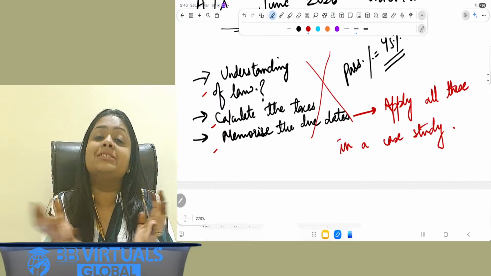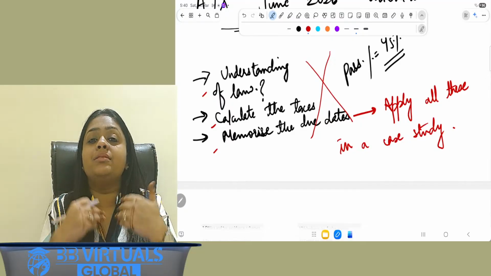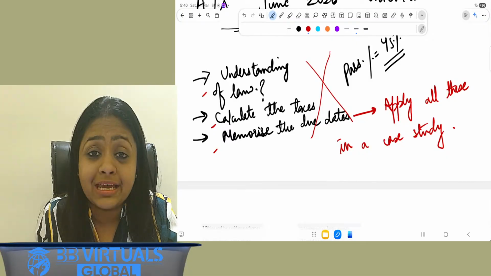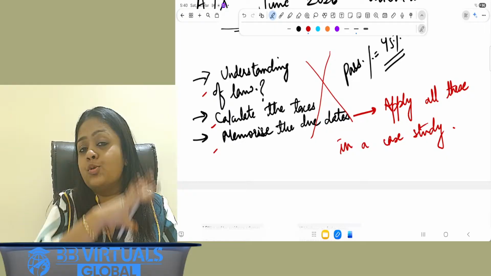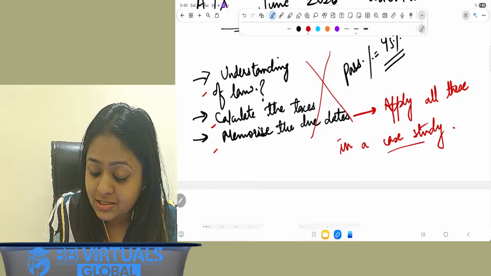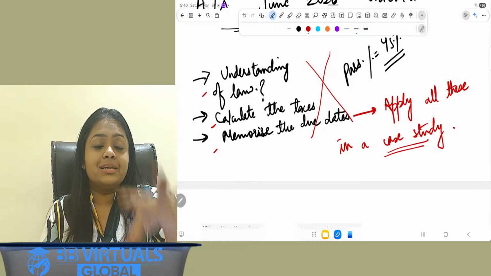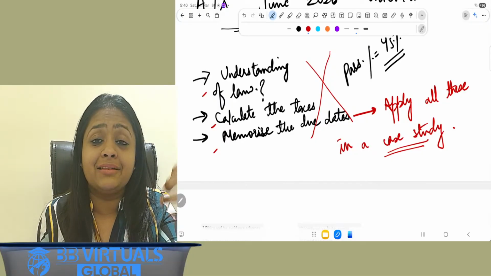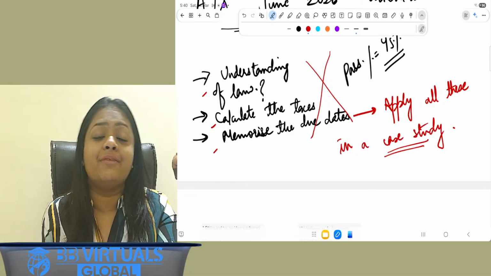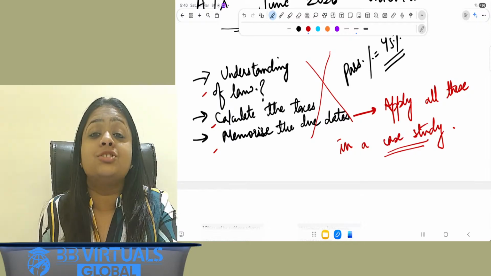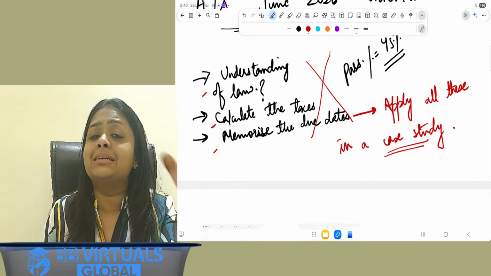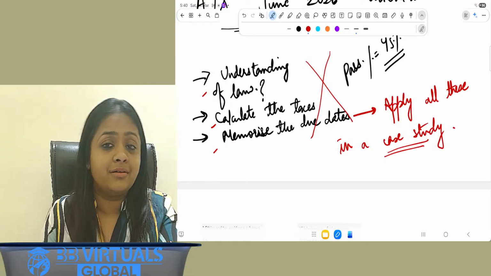All of this, along with the judgments you have studied and the understanding levels you have built, you have to apply in the case study given to you. It is a practical case study, and the examiner at strategic level is looking to make you completely industry ready, with all the practical aspects garnered.